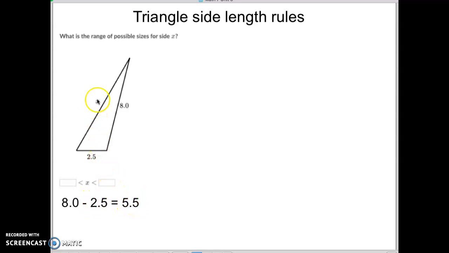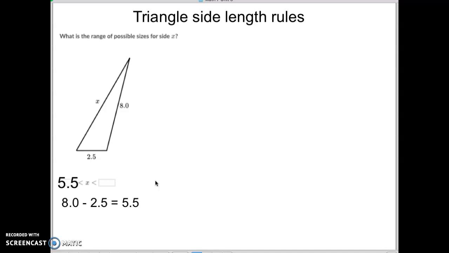So if this side was only 5.5, it wouldn't make a triangle because it's not big enough. In order to be a triangle, this third side has to be bigger than 5.5. So we know x has to be greater than 5.5. Otherwise, it would just make a straight line.